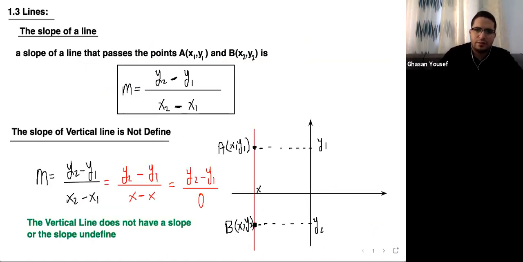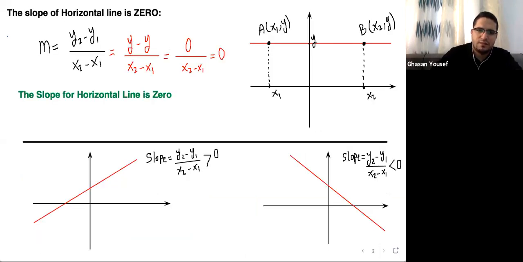Again, this is number 1: the vertical line does not have slope. Number 2: the slope of the horizontal line is 0. Number 3: any line of this form has a positive slope.